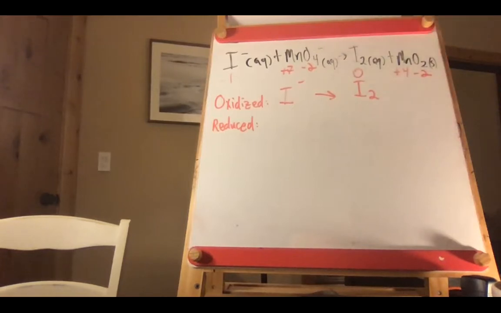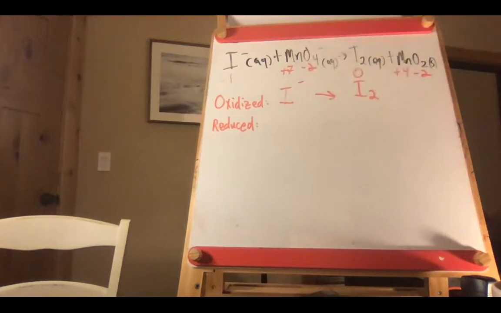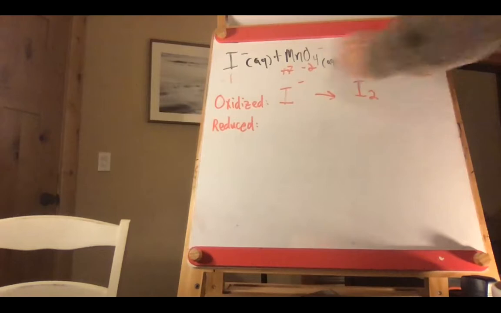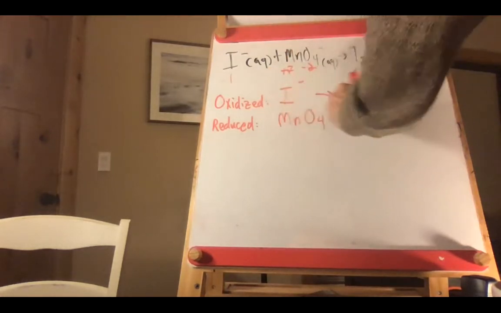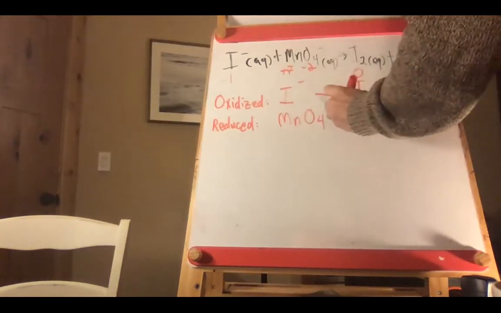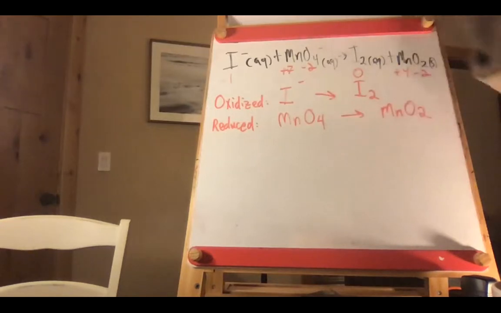So the overall result of that is that it's being reduced, right? Cumulatively, we have +7 minus 2 is 5, +4 minus 2 is 2. So it's gaining electrons to drop it down from 5 to 2. And as a result, that is being reduced.